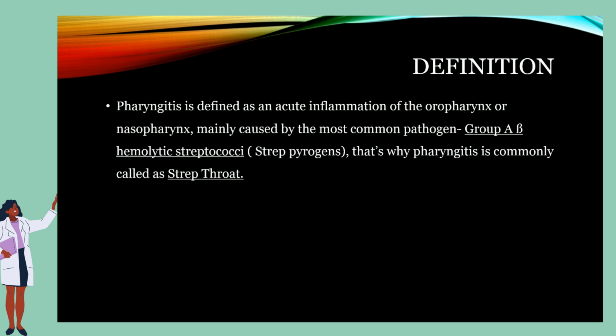So let's study the definition of acute pharyngitis. Pharyngitis is basically defined as an acute inflammation or infection of the pharynx or nasopharynx, which is mainly caused by the most common pathogen, Group A beta hemolytic streptococci, which is also called Streptococcus pyogenes.